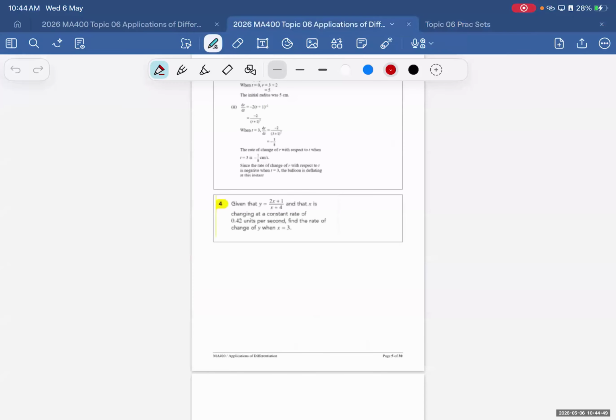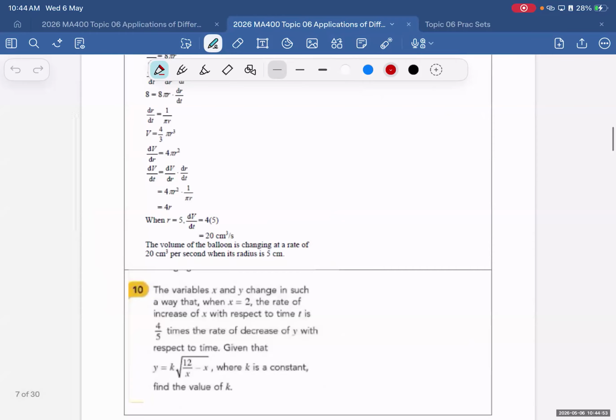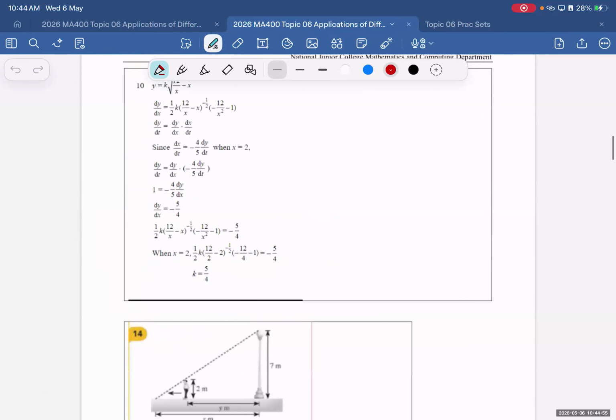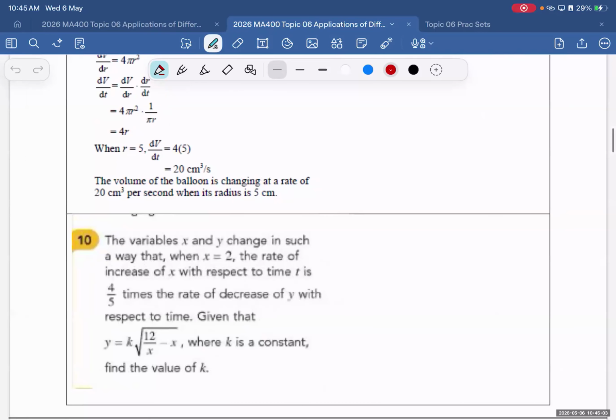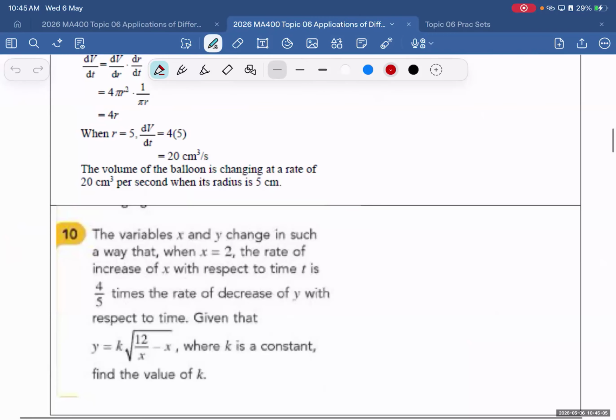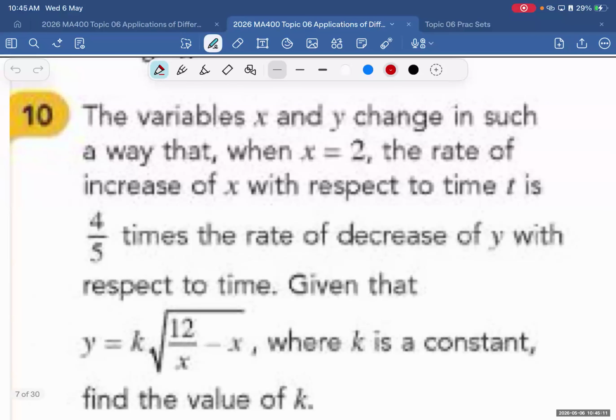Once again, my dear. What's the question again? Rate of decrease is negative, is 4/5. The rate of increase, oh my god. Okay. Sorry.